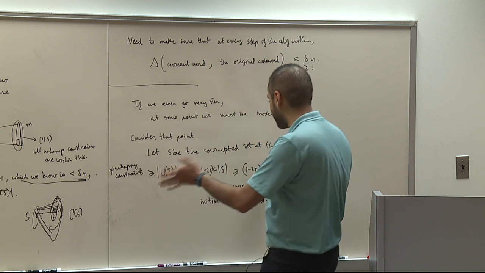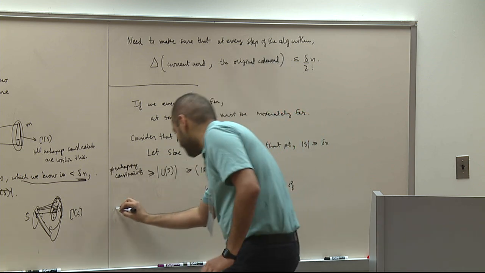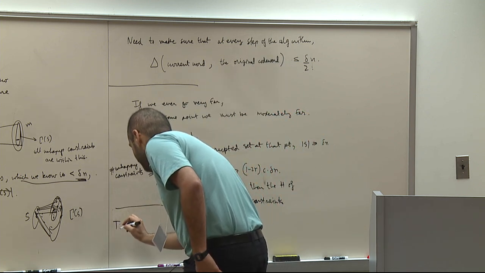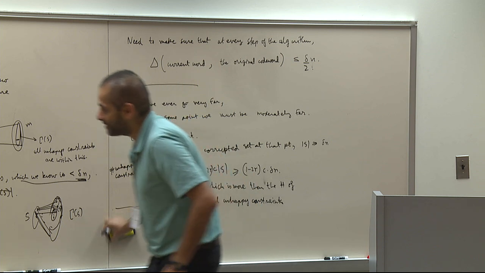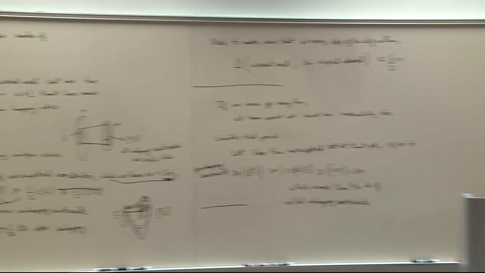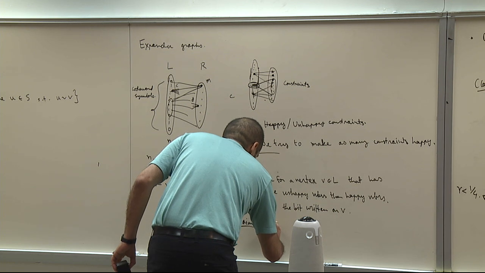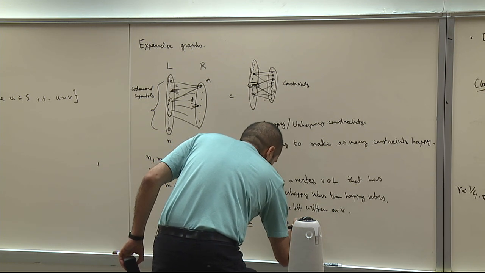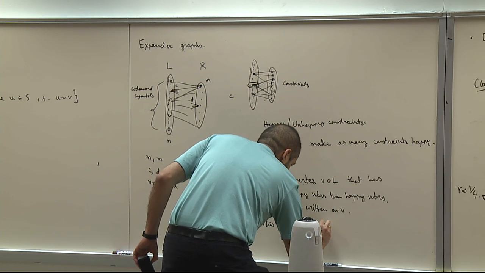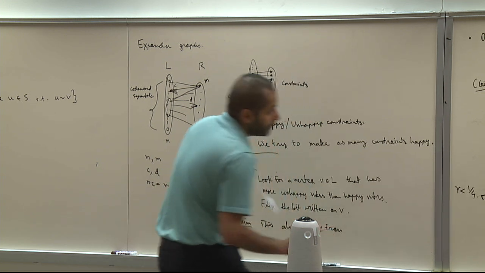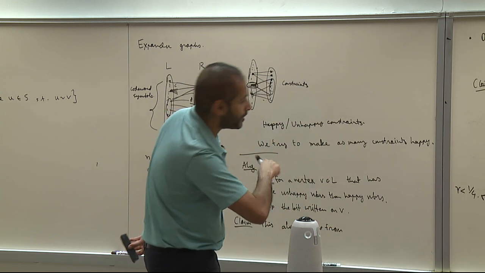Now I have to tell you what's the initial number of unhappy constraints. So yes, this algorithm works. This was the claim that maybe I should have said. And the claim is this algorithm decodes from 1 minus 2 gamma times delta n.